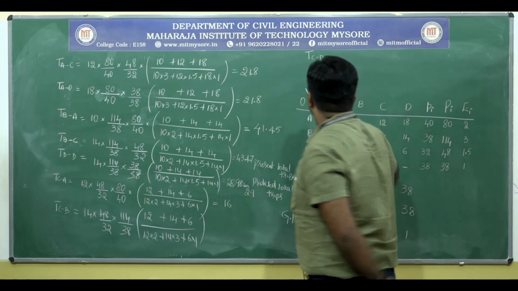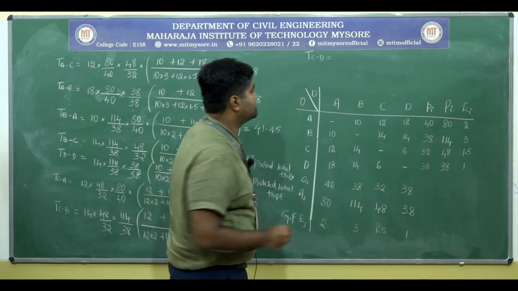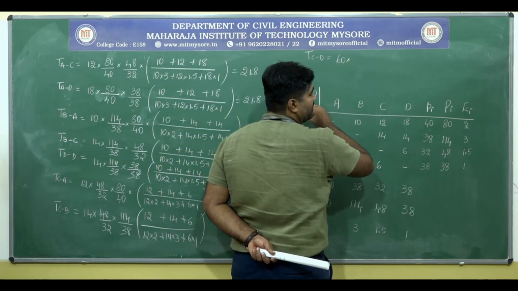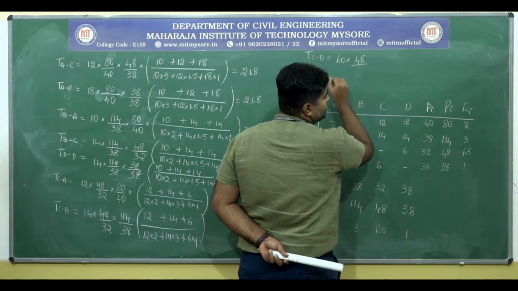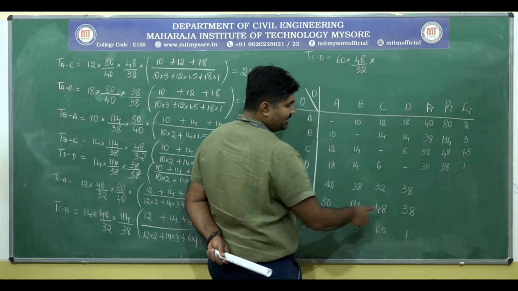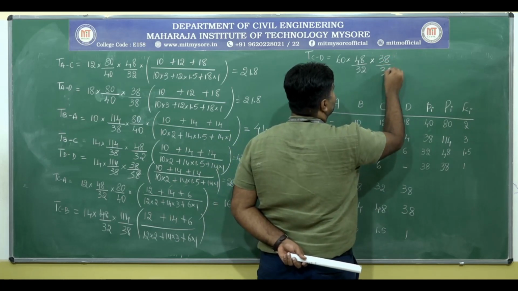C to D, the number of trips is 6. Okay, 6 into capital P S to the C to D, 48 divided by 32. Okay, it is attracting towards D, so 38 divided by 38.